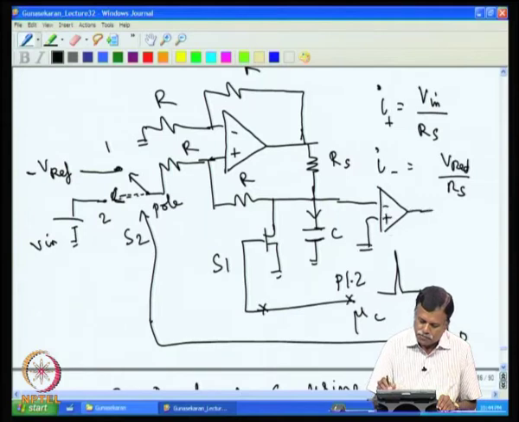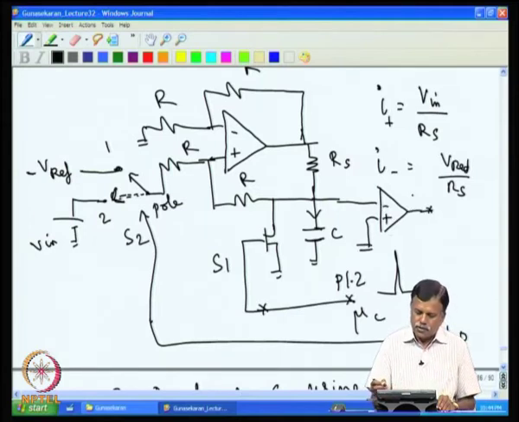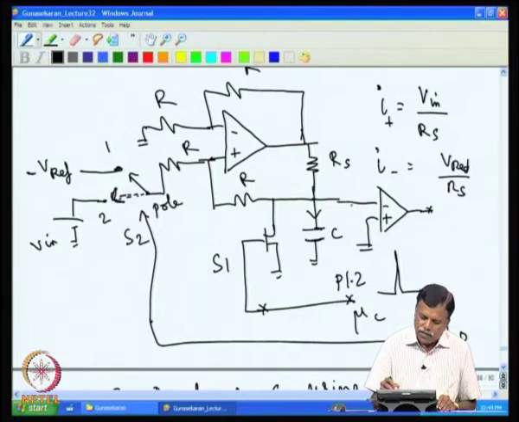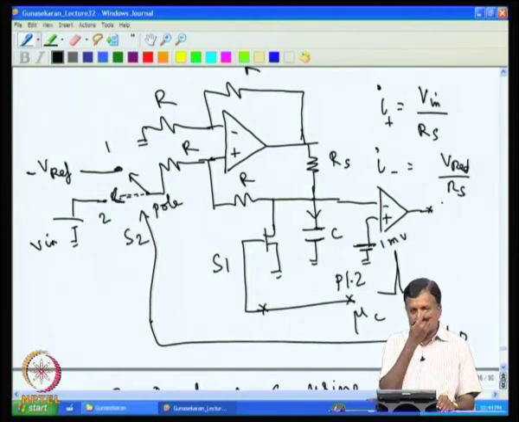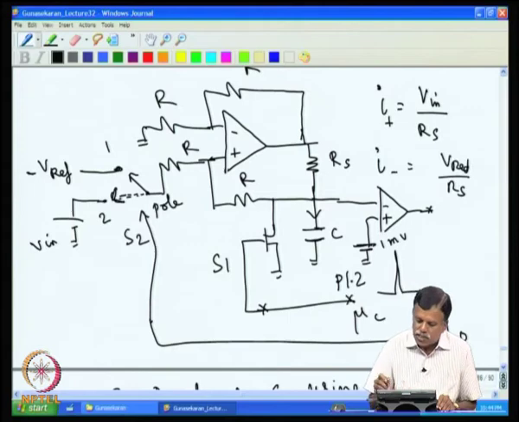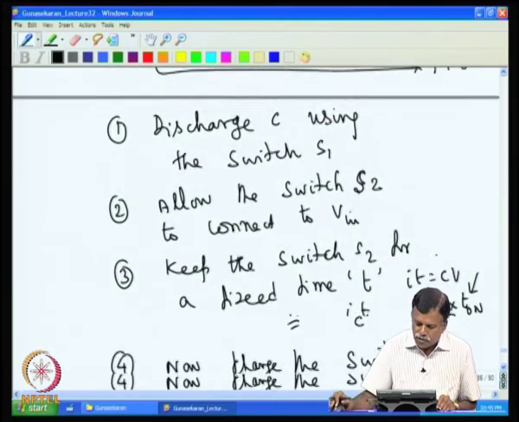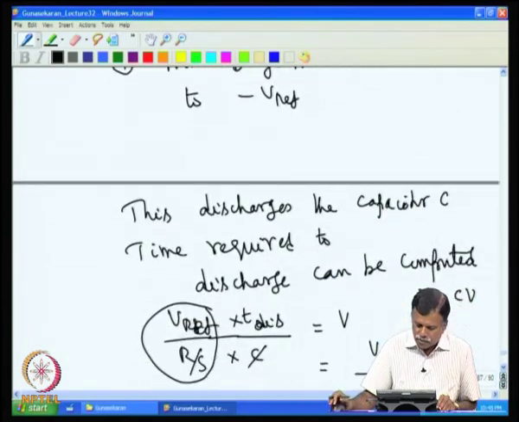So it will be known exactly when the complete discharge has occurred. Once complete discharge occurs, the state change has to occur, or even a very few millivolts can be given here, so that when the voltage goes below that, the state change, the rollover, can take place. So, the discharge can be sensed by using a comparator.